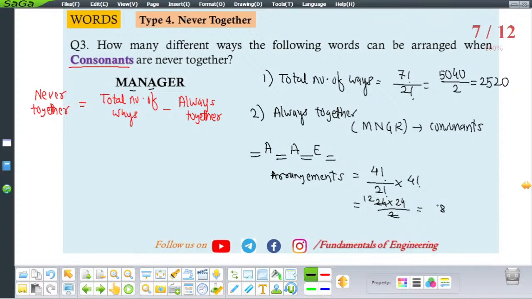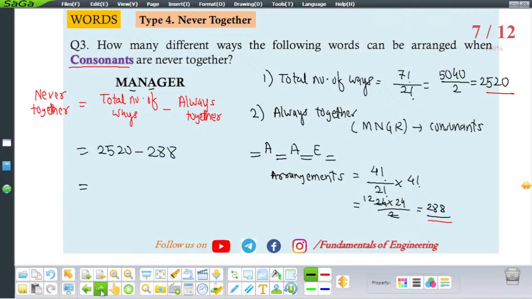Now the consonants are never together. So total number of ways 2520 minus 288. Again, the answer you have to put into the chat box.